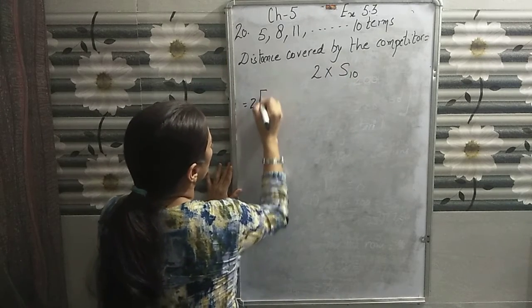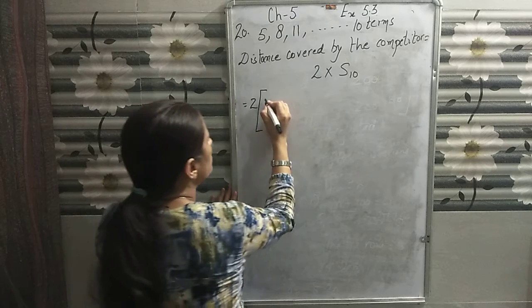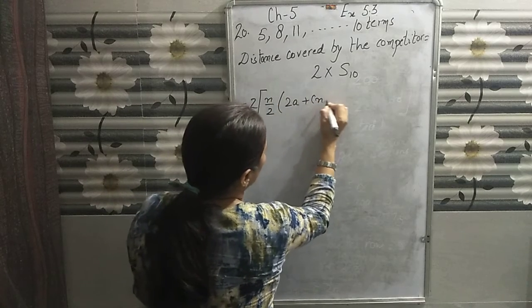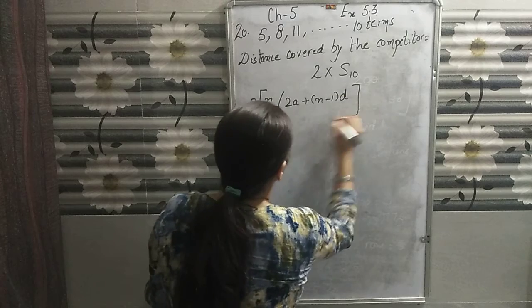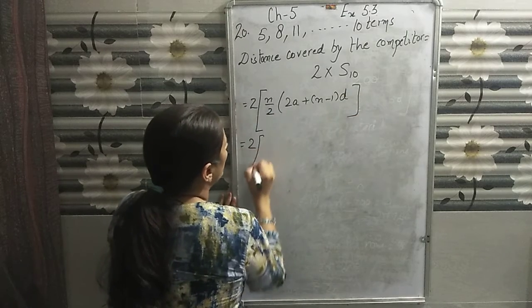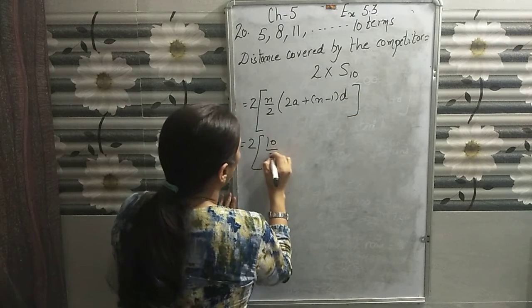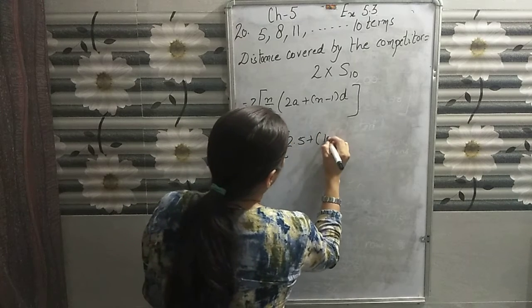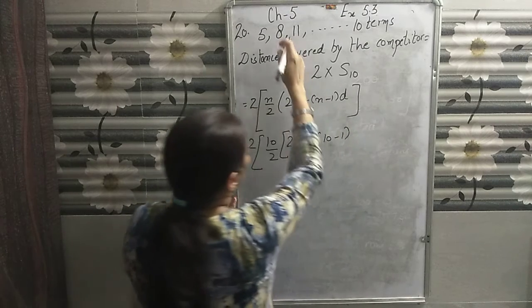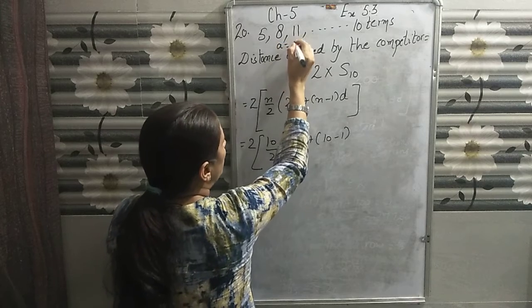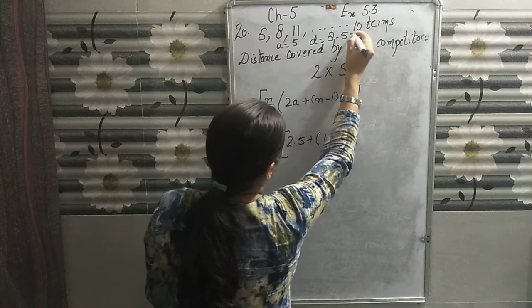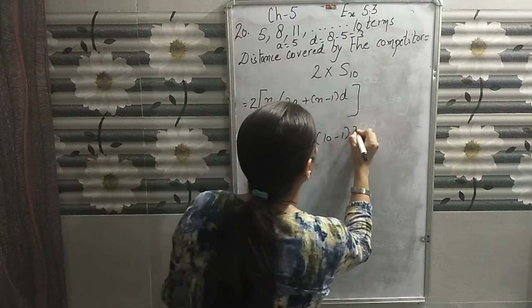So for the sum of n terms, I will apply the formula n/2 [2a + (n-1)d]. So 10 by 2, 2 into a, a is 5, n is 10, and d is 8 minus 5, that is 3.